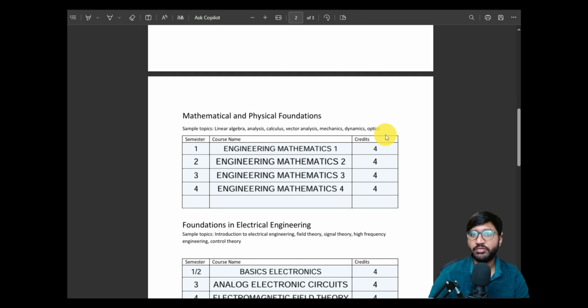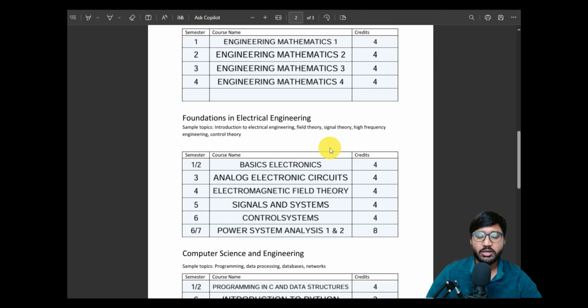But for Indians, I have seen we don't need any prerequisite because our Indian mathematics subjects cover everything basic that they want for master level. So no need to worry, just fill in the 4 mathematics subjects that you have done, with 4 credits for each subject. That's why we have 16 credits in mathematics.